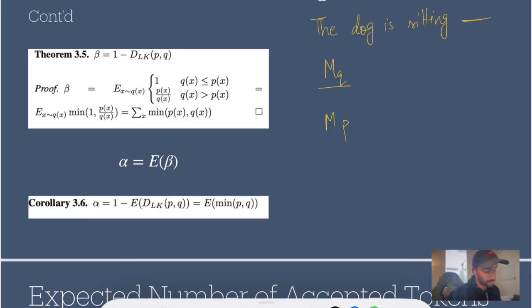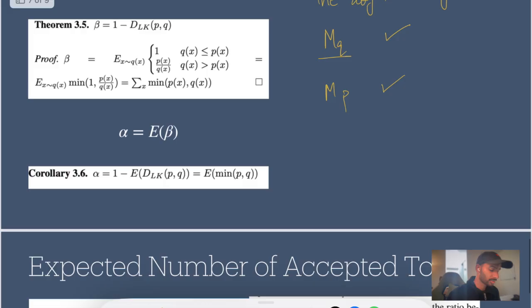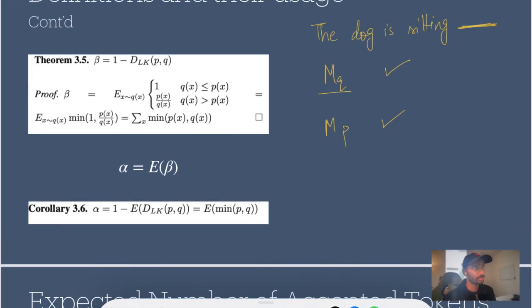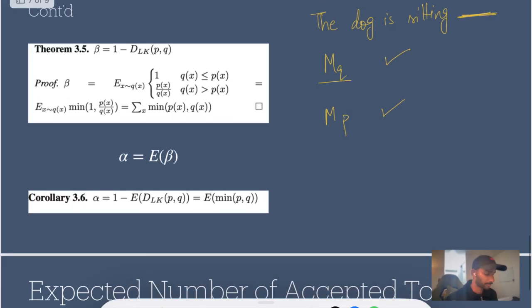Now, we know that MQ is a much smaller model, so it's going to be bad. But the task at hand here is so easy that MQ can also get it right, as well as MP. So this is a situation where the context is so simple that a minimal language understanding enables us to have acceptance of the token predicted by the approximation LLM.